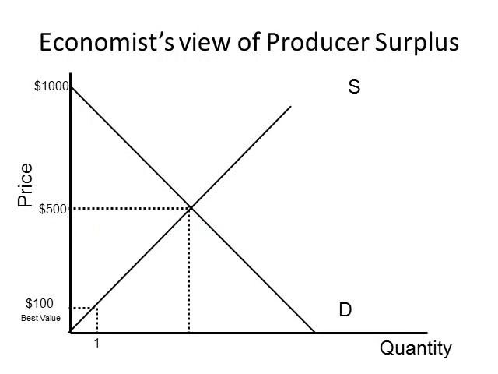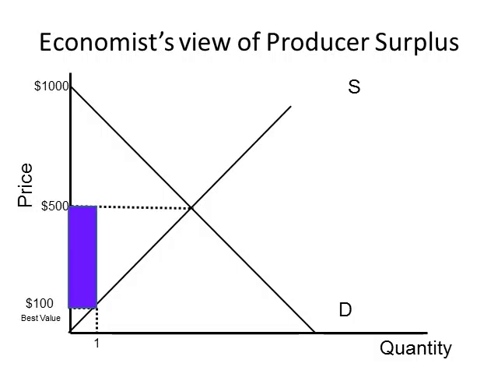Suppose a firm, Best Value, is willing to accept $100 for the HD TV, and the TV has an equilibrium price, or a market price, of $500. This means that Best Value receives an additional benefit of $400 for the TV. Suppose XYZ Appliance Store accepts $200 for an HD TV.